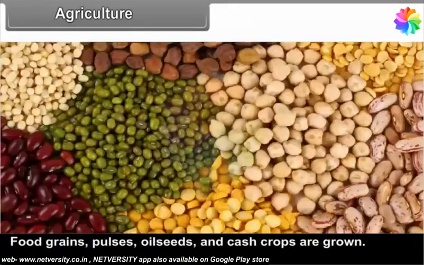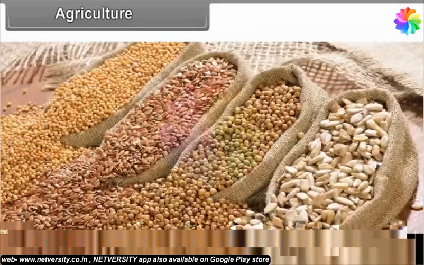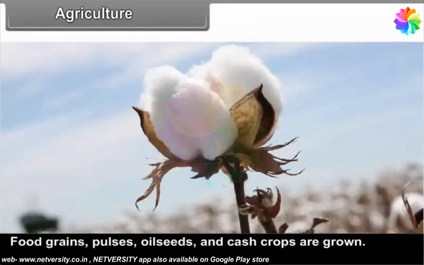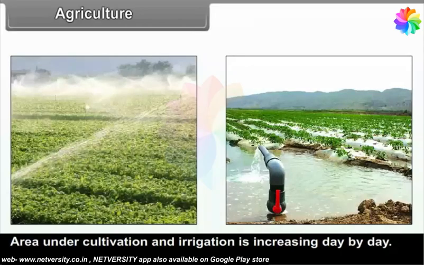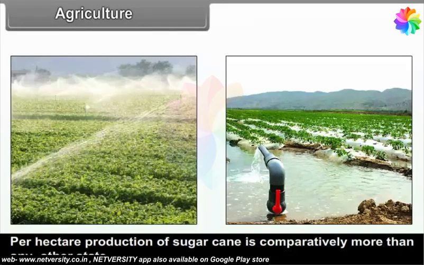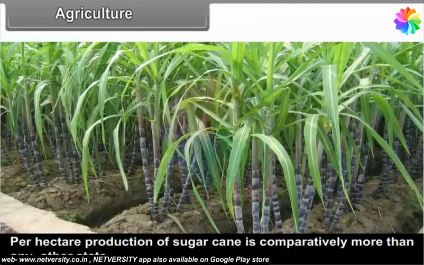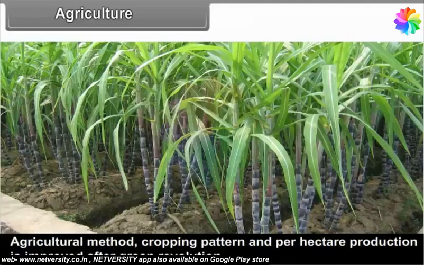Food grains, pulses, oil seeds and cash crops are grown. Area under cultivation and irrigation is increasing day by day. Per hectare production of sugarcane is comparatively more than any other state.